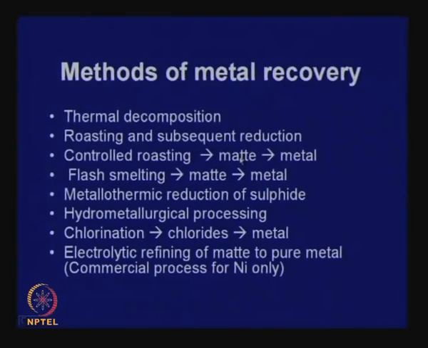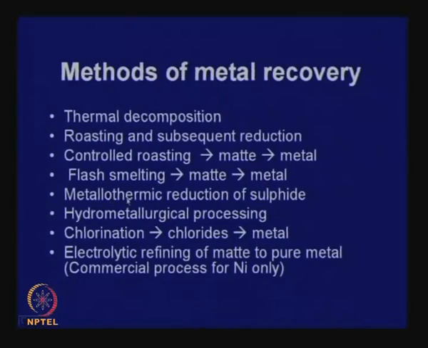From there we get metal by a very interesting oxidation technique, where simply by oxidizing it we produce copper. How we will do that, we will see later. The other will be flash smelting, where roasting and smelting are combined and the process is speeded up.